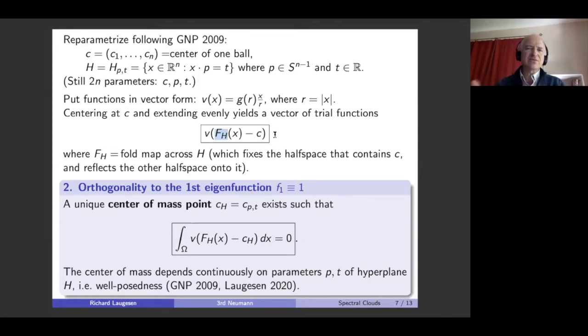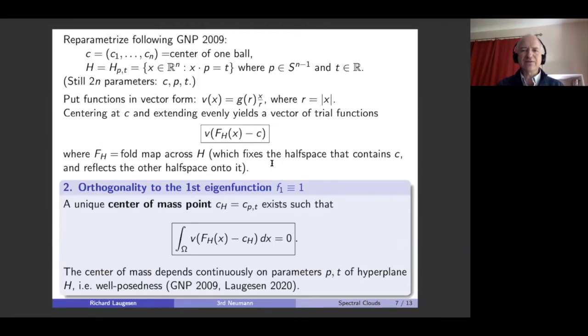We need evenness across the hyperplane so that, for instance, our trial function does not jump. The trial function is allowed to have sort of corner points or a ridge line along the hyperplane, but in order to be in the Sobolev space, it should not, for instance, have any jumps. So we enforce that evenness with this fold map, which fixes one half space, the half space that contains the point C, and folds the other one onto it.